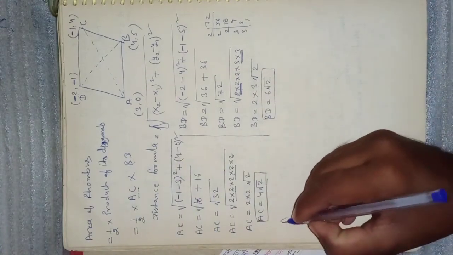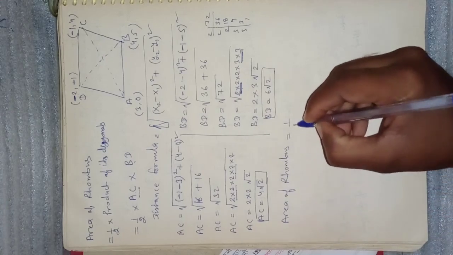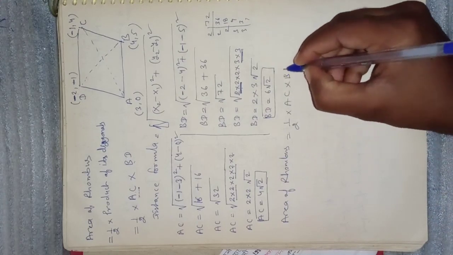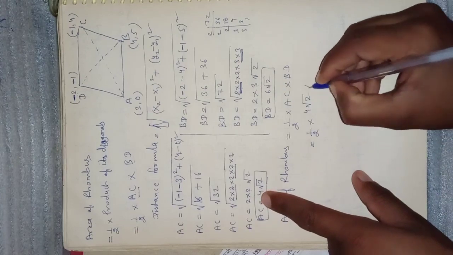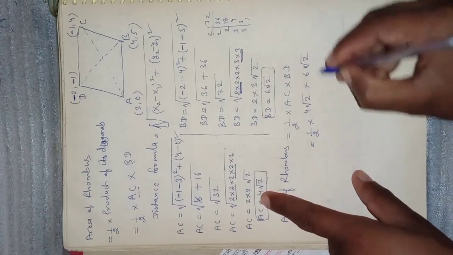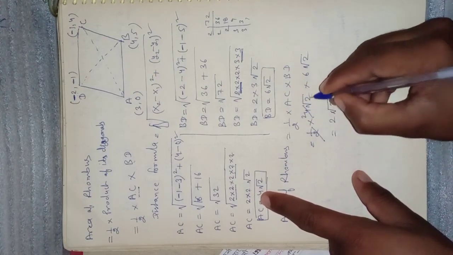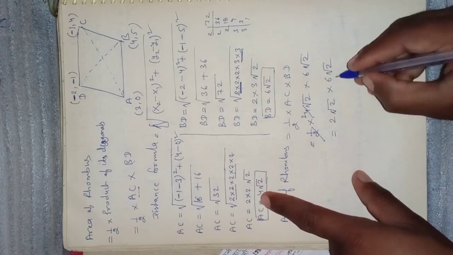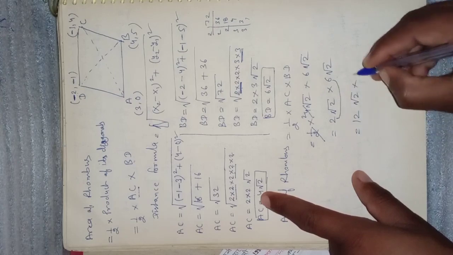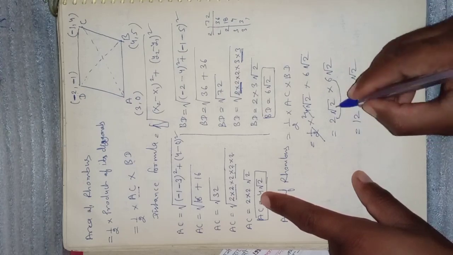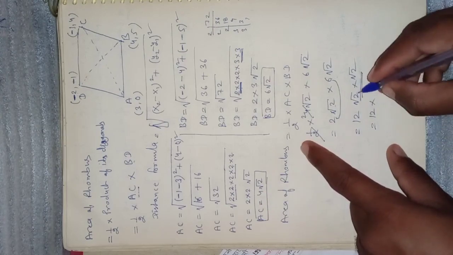Use the formula: area of rhombus is 1/2 AC into BD. The AC value we found already is 4 root 2, and the BD value is 6 root 2. 2 into 2 is 4, so 2 root 2 multiply 6 root 2. 6 multiply 2 is 12, and root 2 multiply root 2 is root 4, which is 2.